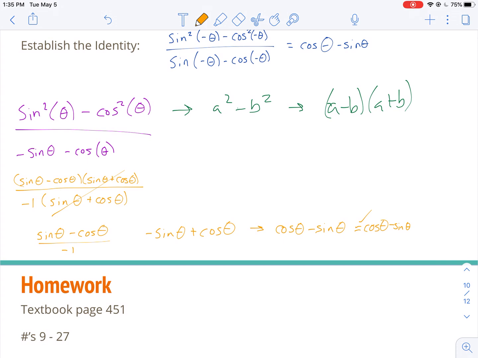But when it comes to all of your arithmetic, all of your factoring, all of your algebra skills, everything comes into play right now along with trig. So this is something that's brand new. This is proofs applied with some heavy algebra and some heavy trig. Not the most straightforward thing.